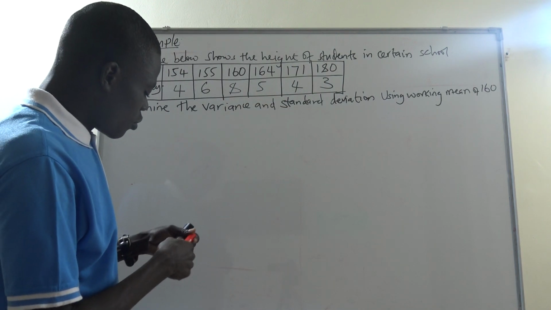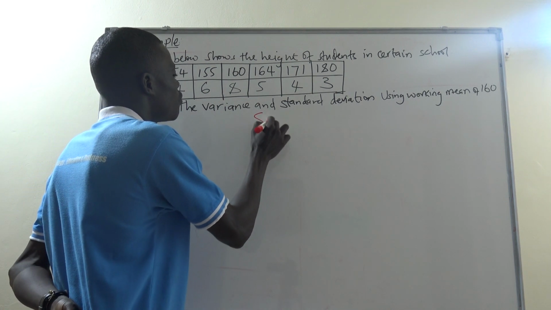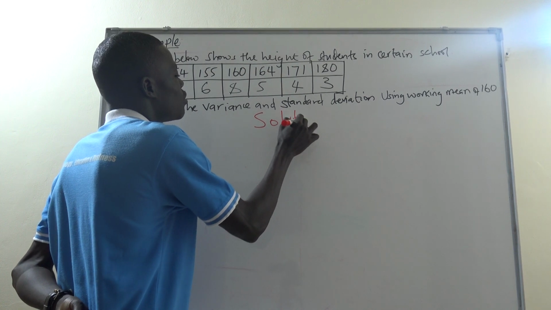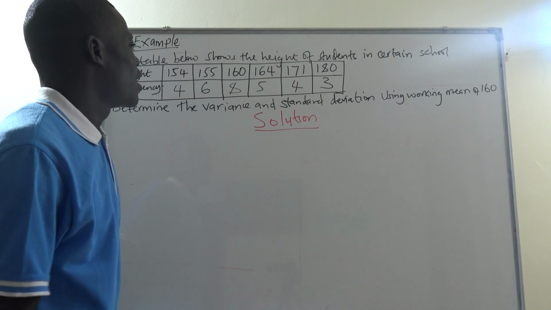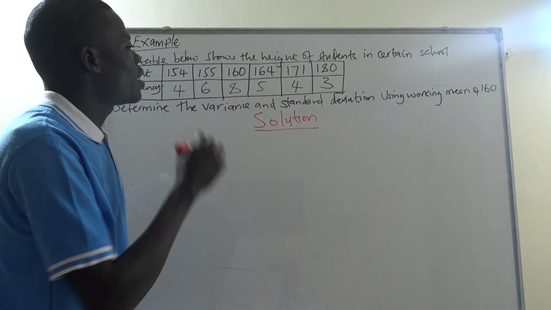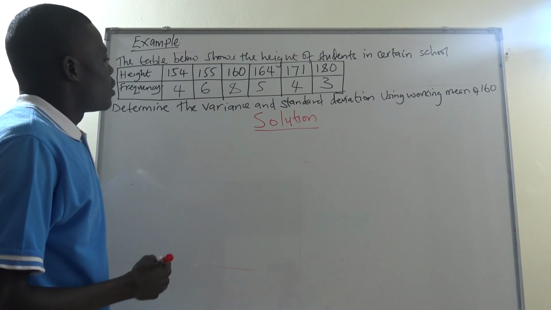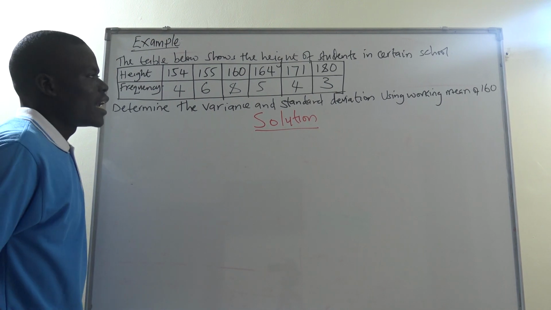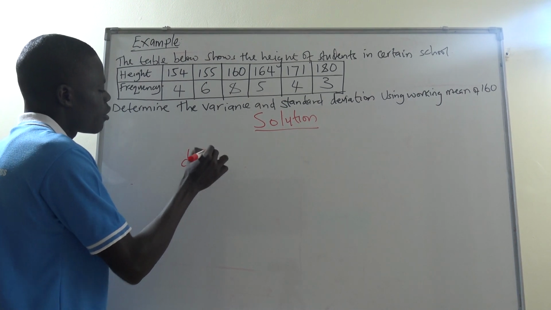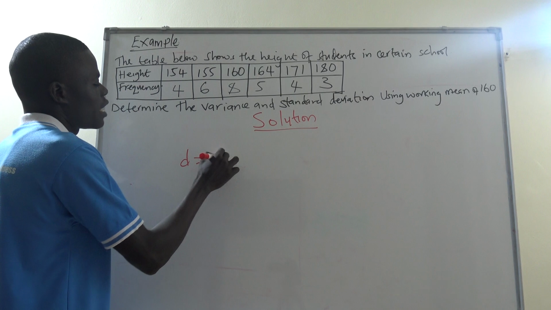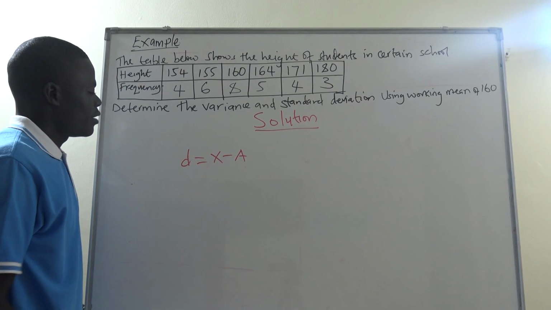So before we continue to the tackling of this question, we need to first know how we calculate variance and standard deviation given working mean or assumed mean. If you try to recall, we said that if you have assumed mean, we get deviation d from x minus the assumed mean, where x is the variable.